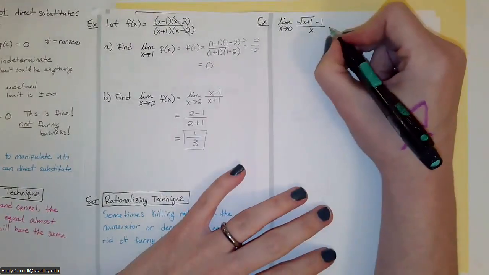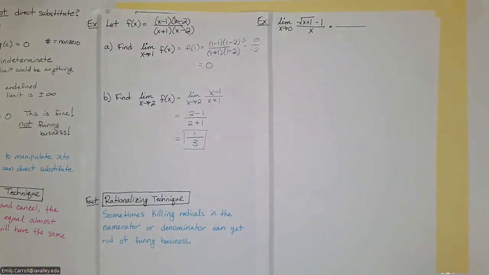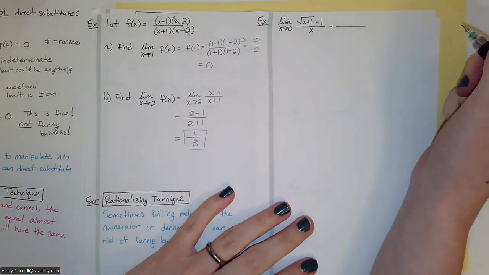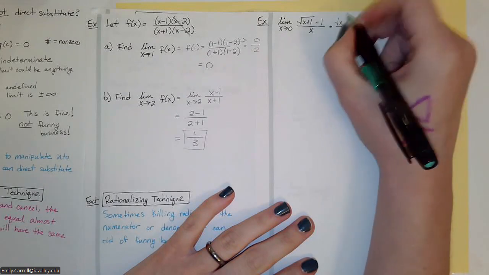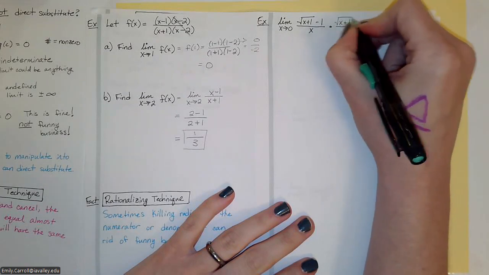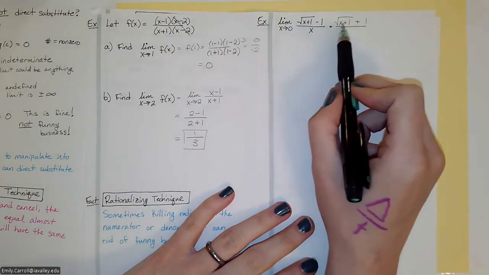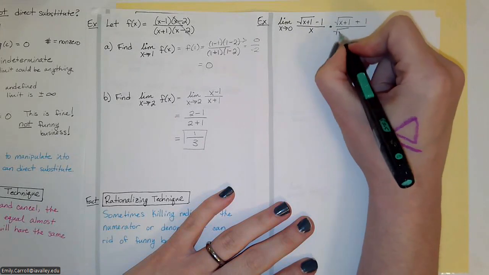If I want to rationalize the numerator, I need to multiply by the rational conjugate of what's going on, okay? So the rational conjugate is going to just take one of the signs and flip it. So keep the sign of the first, change the sign of the second.